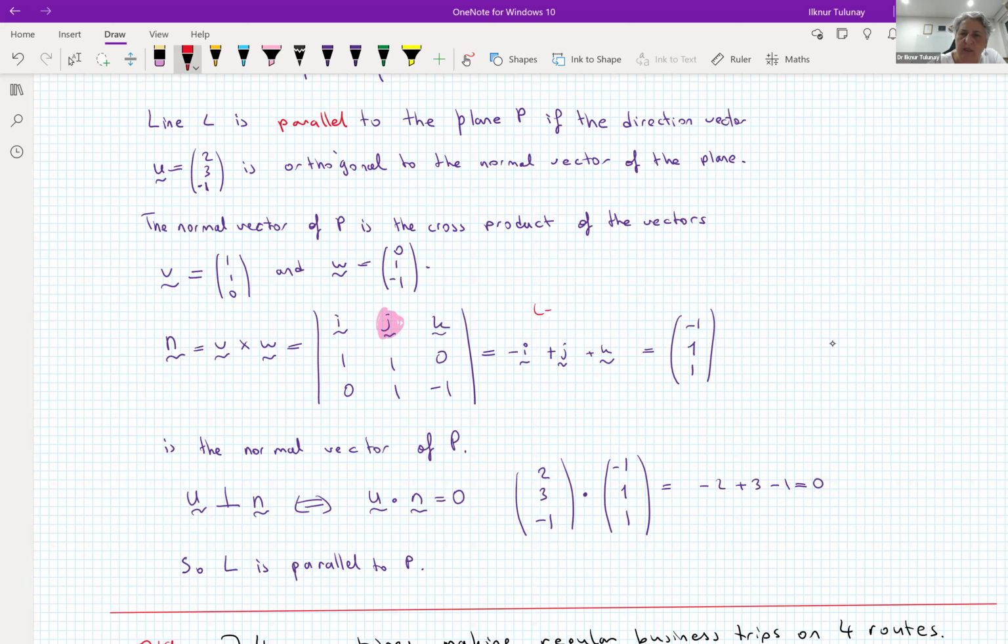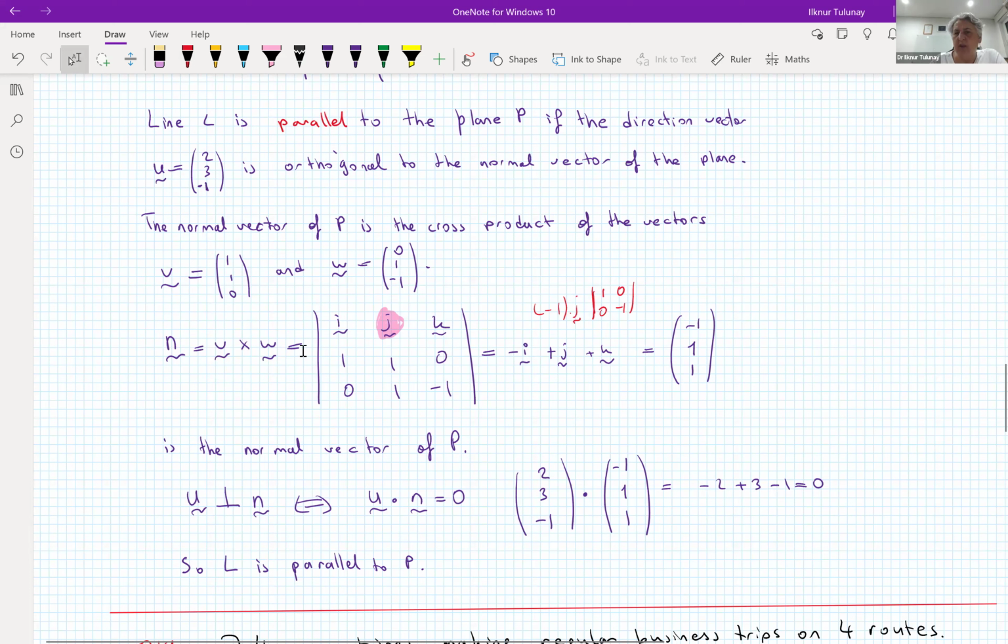You have minus 1 times j, and then the determinant. Since you know how to do the cross product, and it's another subject, I don't want to go into it very deeply. You're supposed to know how to do the cross product.